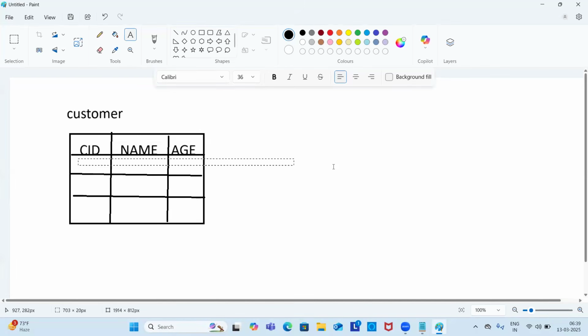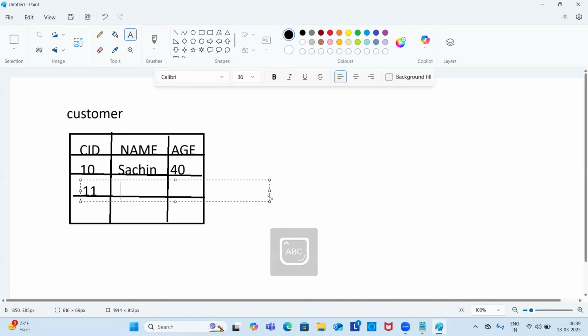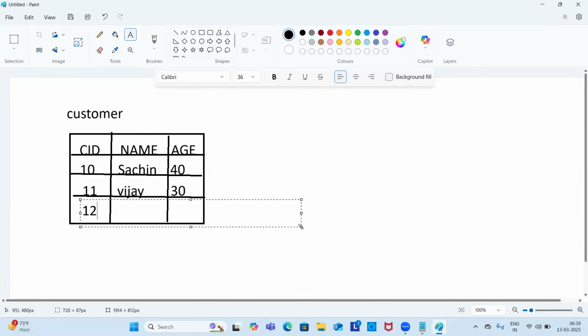For example, ID is 10, name Sachin, age 40, and ID 11, some age like 30. If you are using RDBMS, inside the database you store the data like this.